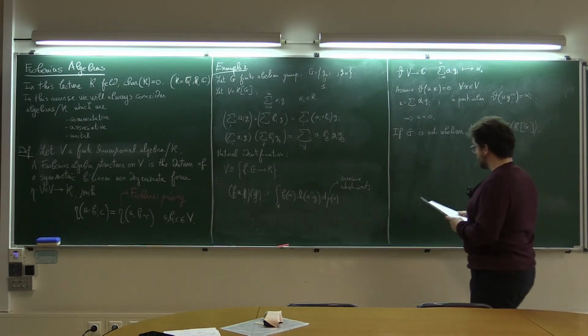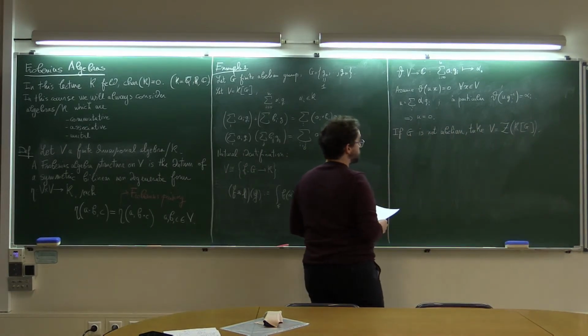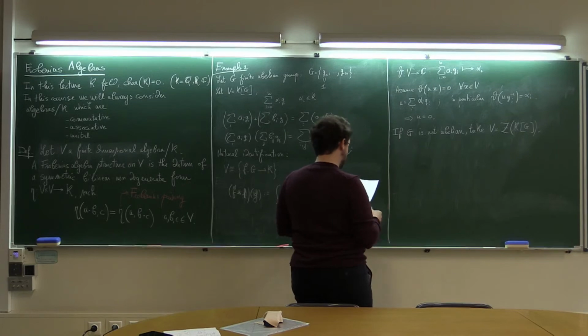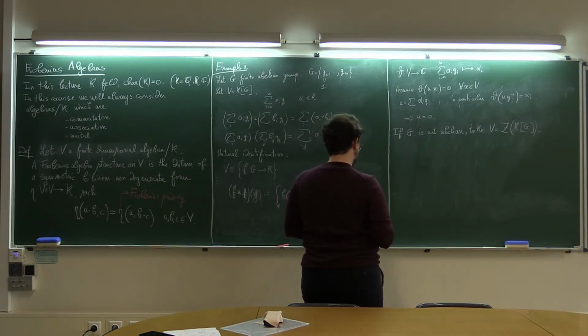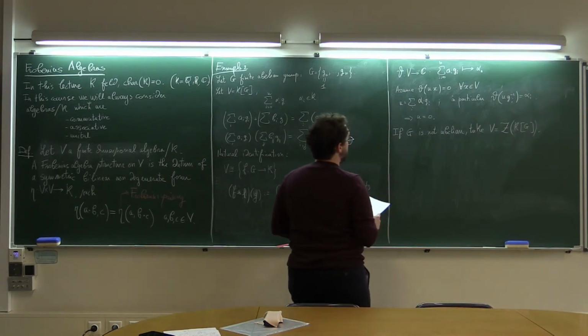So such a center clearly admits a structure of K vector space, and it is closed under the product defined here, and consequently it has a K algebra structure, and the same theta defines a Frobenius algebra structure.